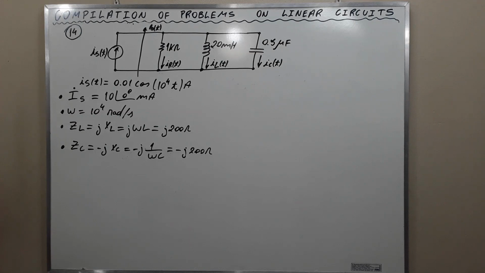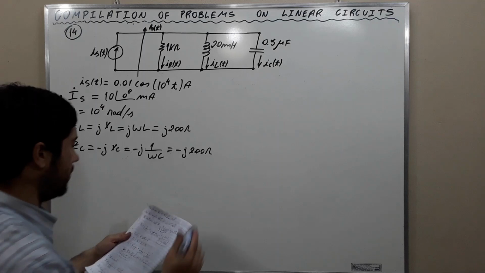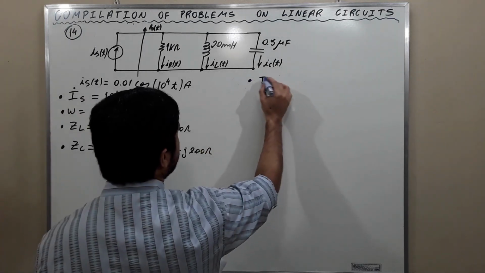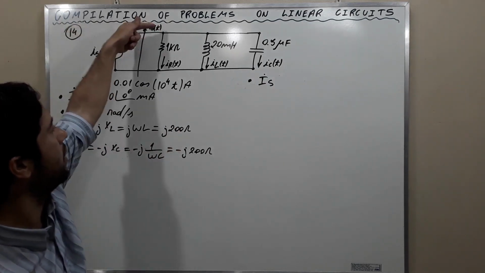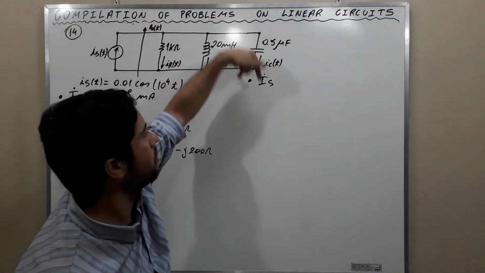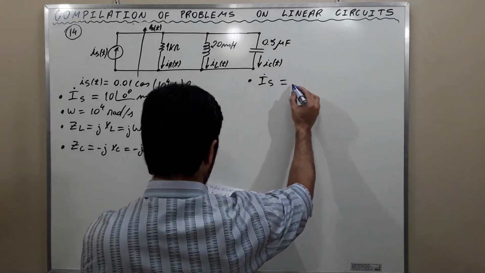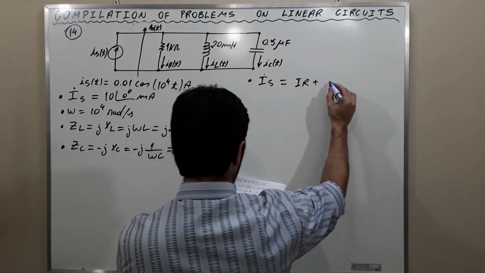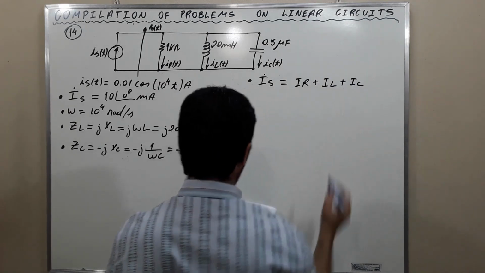Now, let's find the value of this voltage here. To find the value of the voltage, we understand that IS, the current that enters here, has to be equal to the sum of the currents that go down here. This is equal to IR plus IL plus IC.